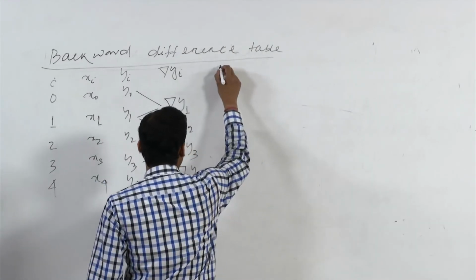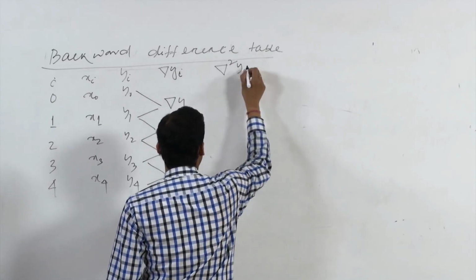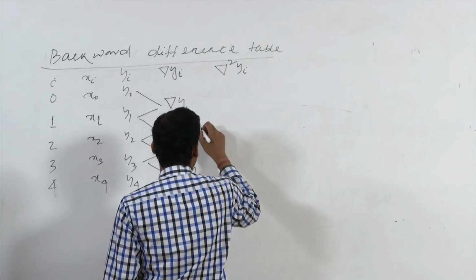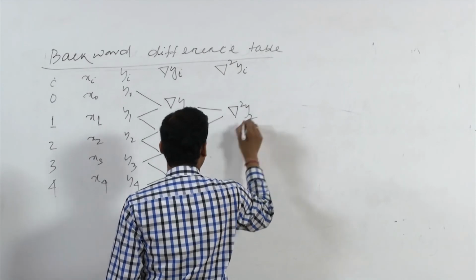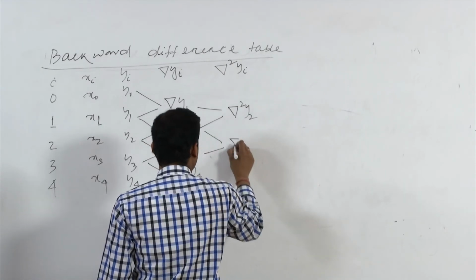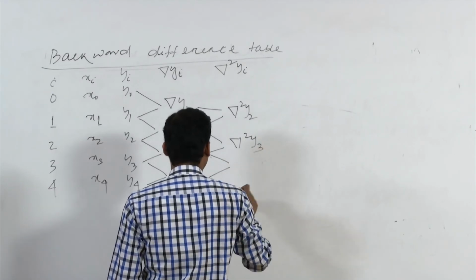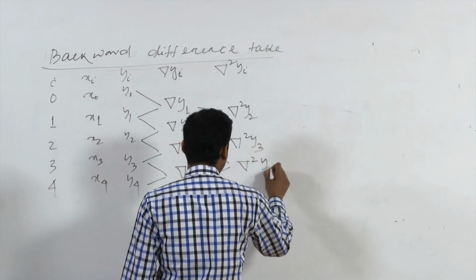Similarly, if you take the difference of nablas here, then nabla square of yi I can write. So nabla of y2 minus nabla of y1 gives you nabla square of y2 here, then nabla square of y3 here, then the difference nabla of y4 minus nabla of y3 gives you nabla square of y4 here.